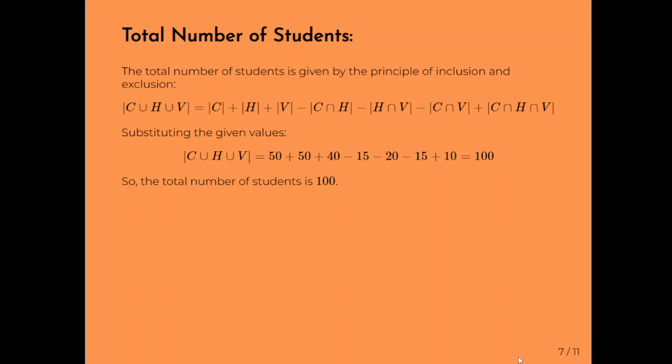So minus 15 for cricket and hockey, minus 20 for hockey and volleyball, and minus 15 for cricket and volleyball. And we're going to put back in the students who play all three, so it's plus 10. So we have 50 plus 50 plus 40, minus 15, minus 20, minus 15, plus 10, and that gives us 100 students.